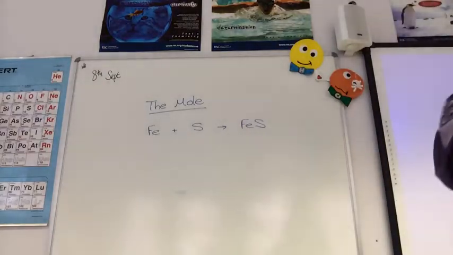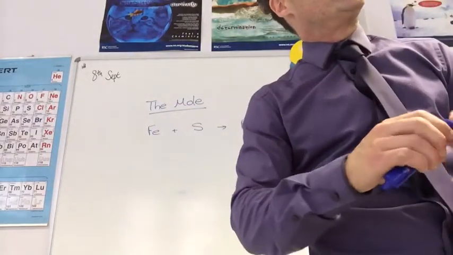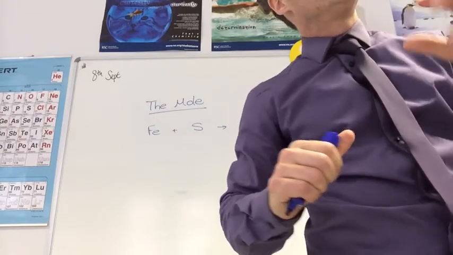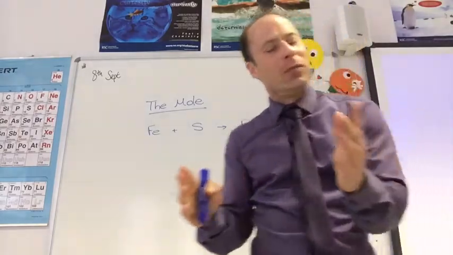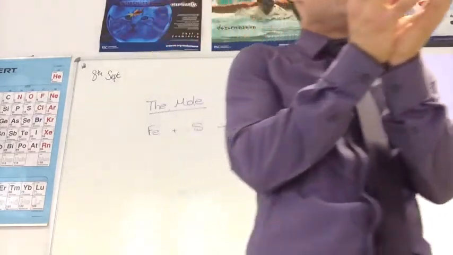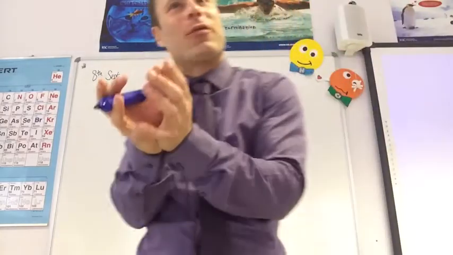Does anybody know a definition or have an idea about what I mean when I talk about a mole? Yeah, a mole of anything contains 6 times 10 to the 23 of it.